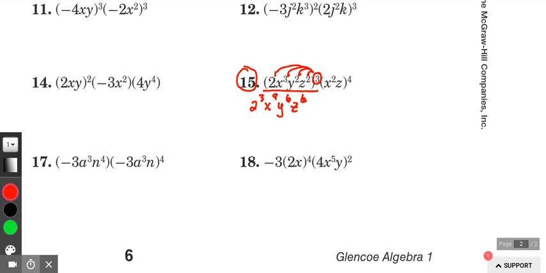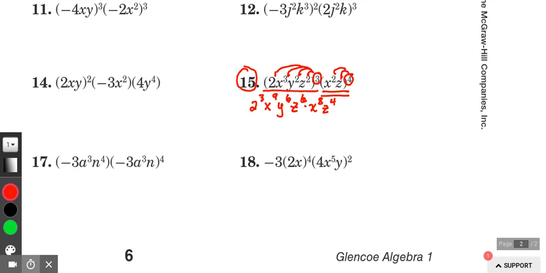So that part's done. Now I'm on to the second parenthesis here. And this one is also power of a product. Okay, I have that 4 on the outside. So reminder, I'm multiplying all of these exponents by that 4. So for that x, 2 times 4 is 8. And I cannot forget this z has an exponent of 1. So 1 times 4 is 4. Now I am left with my multiplication problem. So all of these are multiplied together.